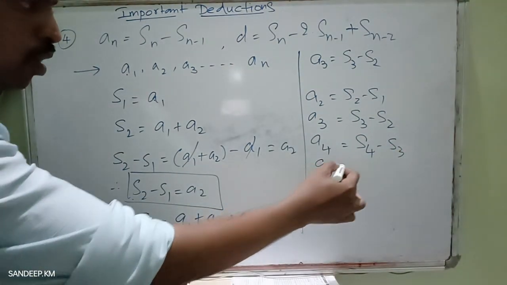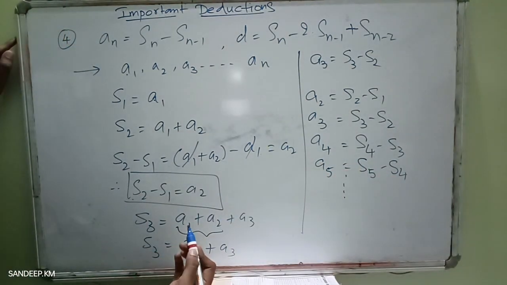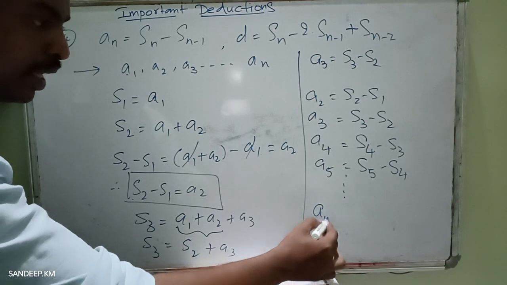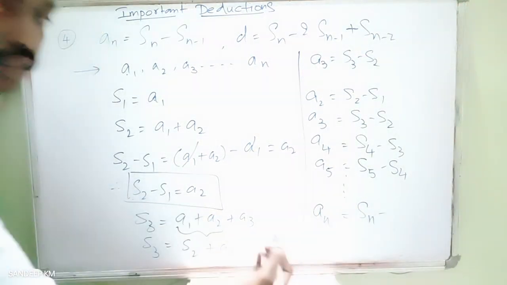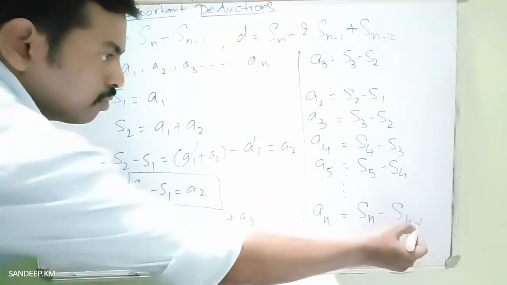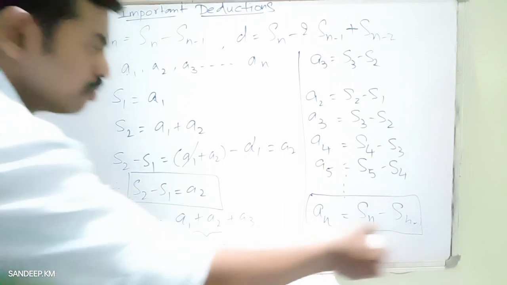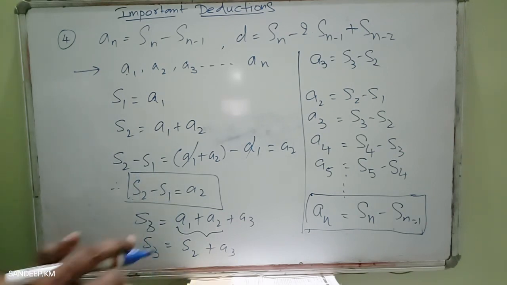And A5 means S5 minus S4. And so on. Finally, we can conclude that an, the nth term, is equal to Sn minus its previous Sn minus 1. Remember it. The nth term is equal to Sn minus Sn minus 1.